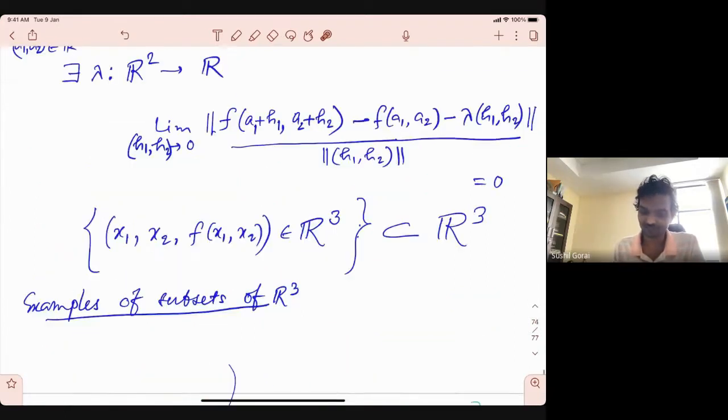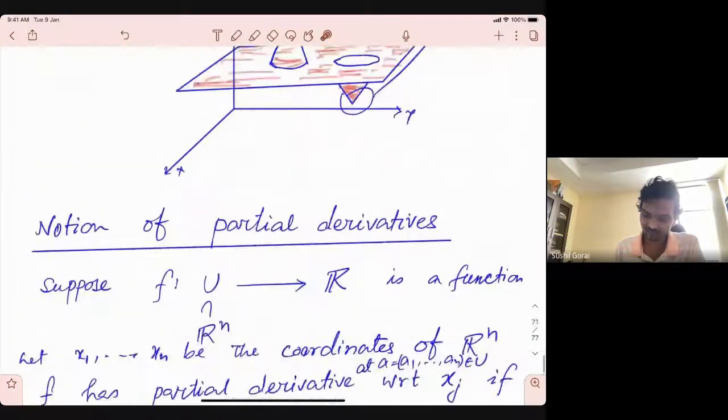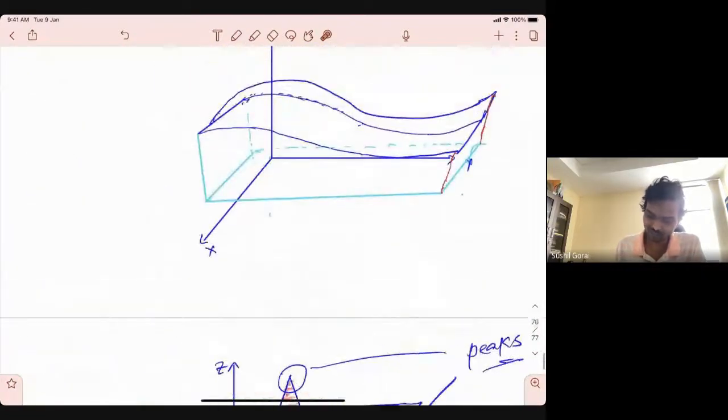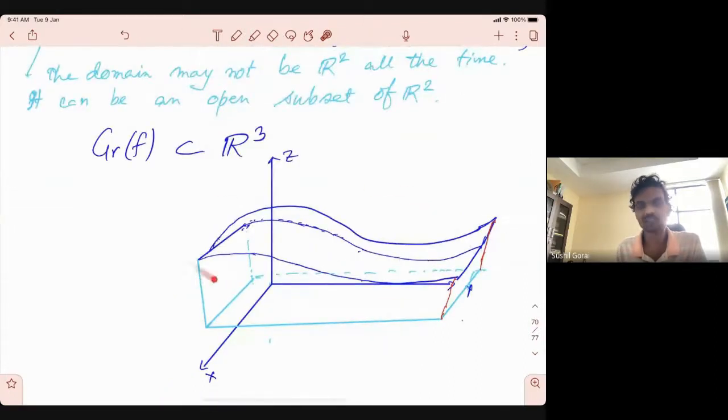We had two examples. Here, this is a smooth surface, but here, this is a continuous surface. There can be a peak, but this is also a surface. Here the corresponding function is not differentiable, but in this case it is.